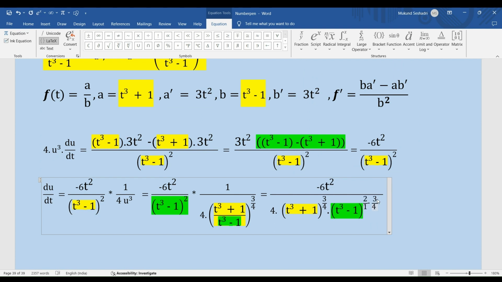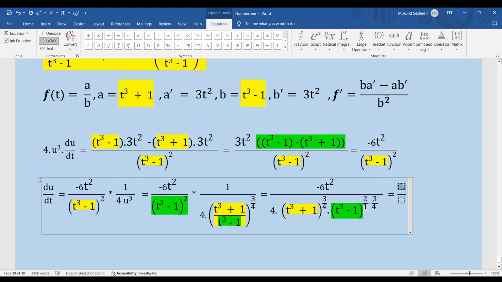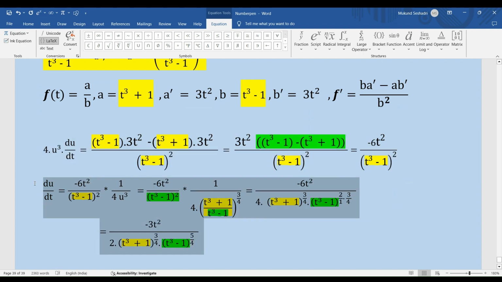And what is that? It is nothing but 5 by 4, right? And then my 6 and 4 also have a common factor, which is 2. So let me remove that when I write my final expression. So there I have my du by dt.